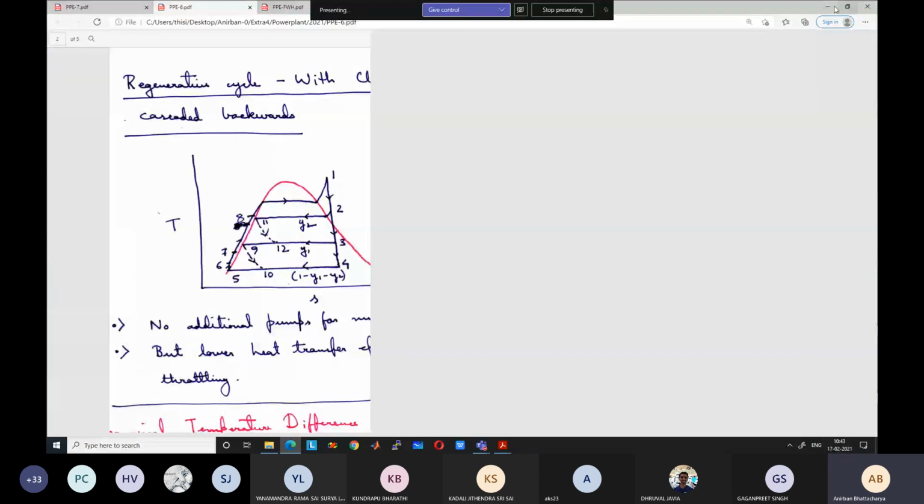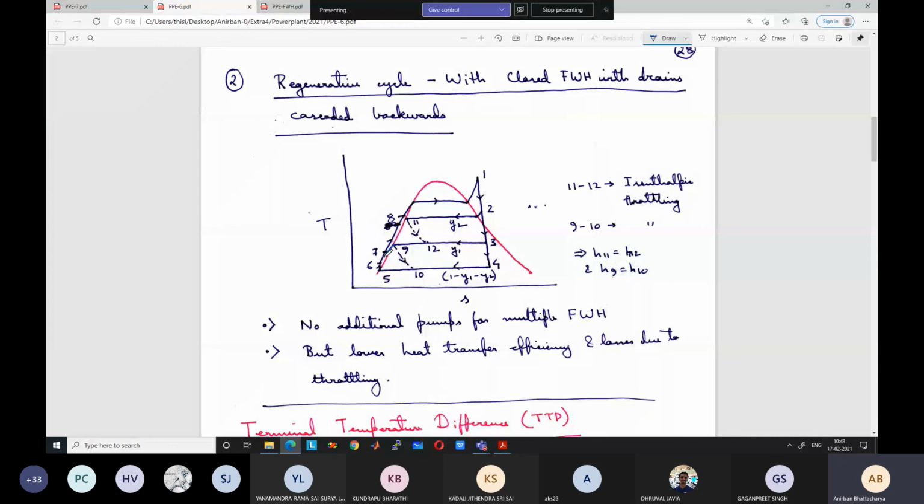So this inlet energy would have been much less as compared to this energy. So the energy lost in the condenser would have been much less as compared to this case. So for the last stage, a drain cooler would have been very useful. If you have a regenerative cycle where all the stages are with drains cascaded backwards, or at least the low stage is cascaded backwards, then the drain cooler is very useful. Does that answer your question? Yes, sir.